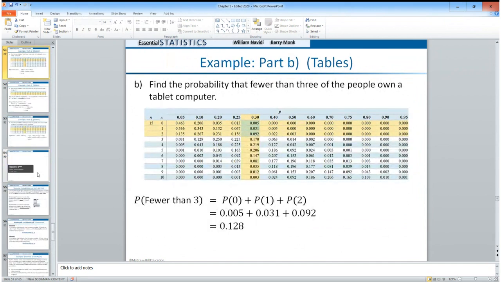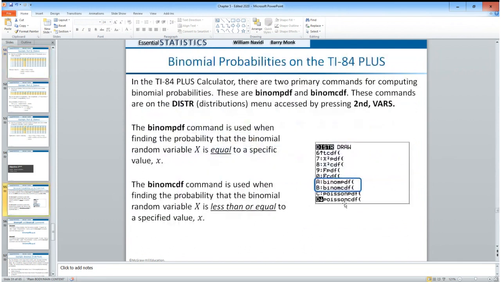But see, there's a lot of work left out when you just use the table to figure it out for you. For example, for 0, 1, and 2, you just find those 3 there that represent 0, 1, and 2, and then add them up. All right, so this is where the calculator comes in, and we'll do each one of these with the calculator.